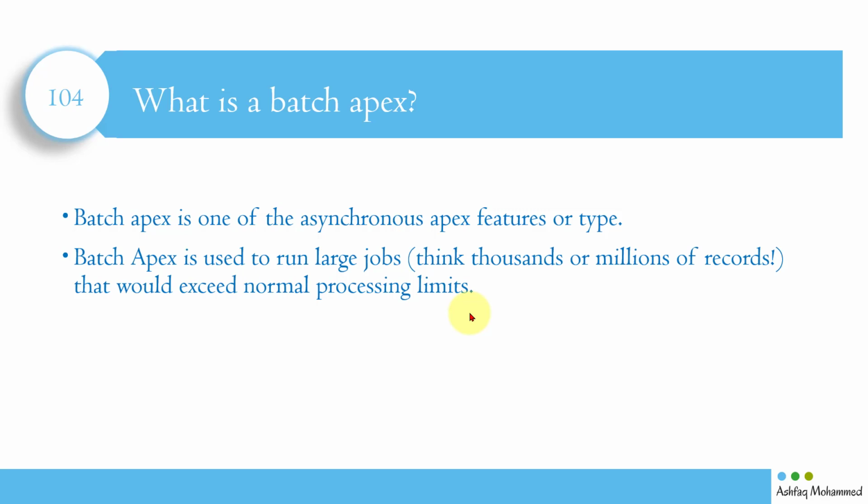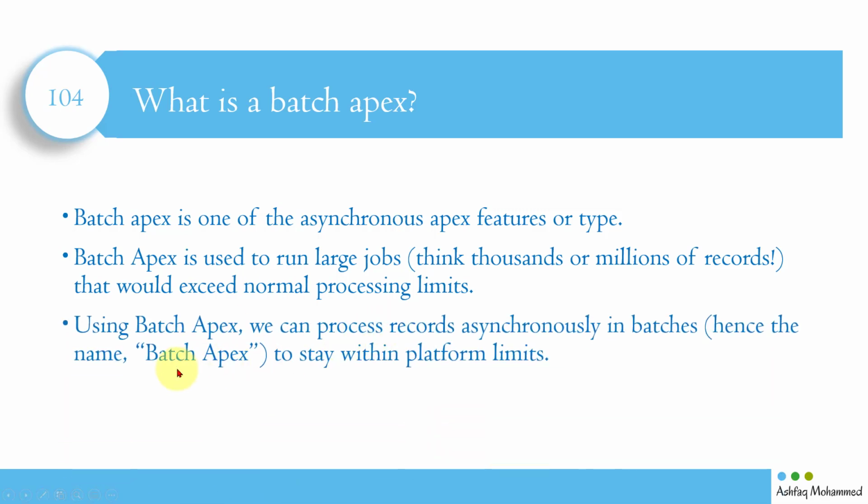Okay, so that is the background of Batch Apex. That is why we need Batch Apex. If you are in an interview, try to explain it giving all these examples, that will be more impressive to the interviewer.